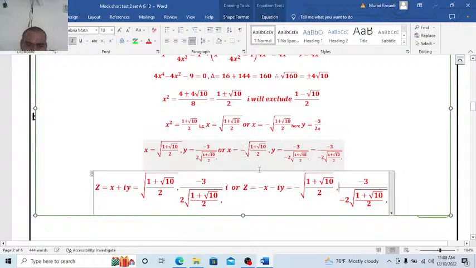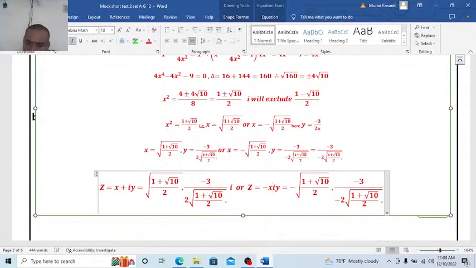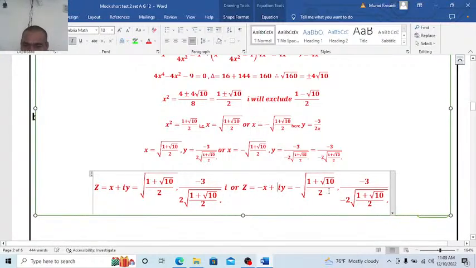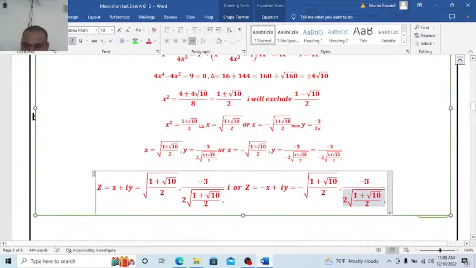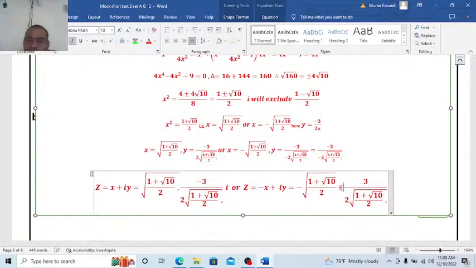Is negative, so it should be written as negative. And the value of y here is positive, which is plus, and here plus. Yes, this is plus, I will just erase this one, I will make plus, and this one the i. Okay, this is how you can write the complex number in terms of x and y.